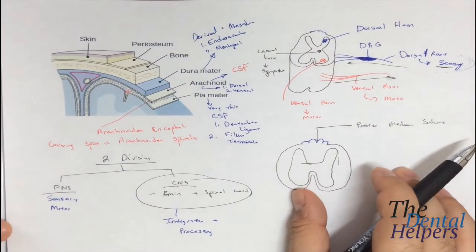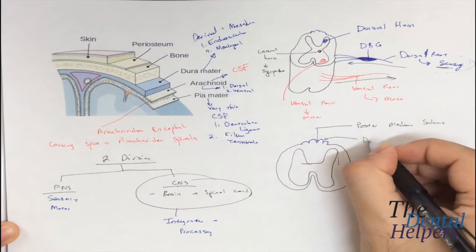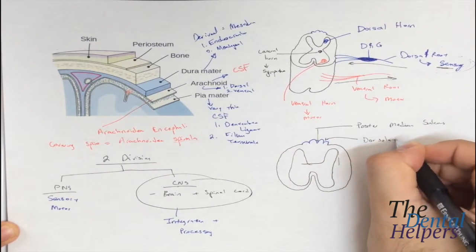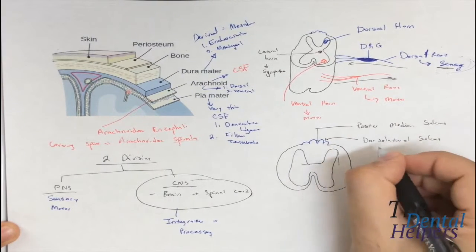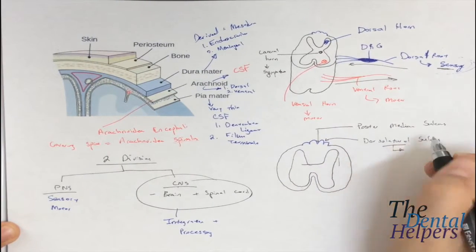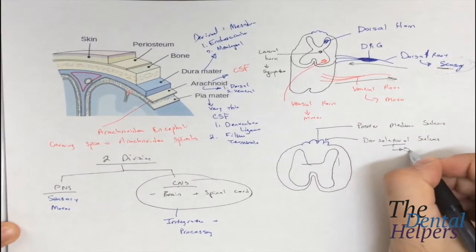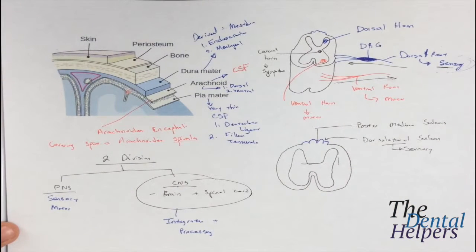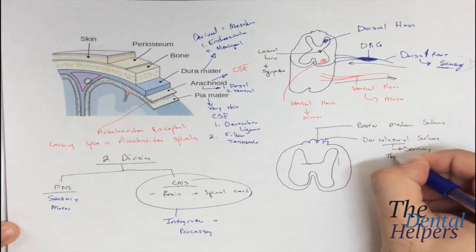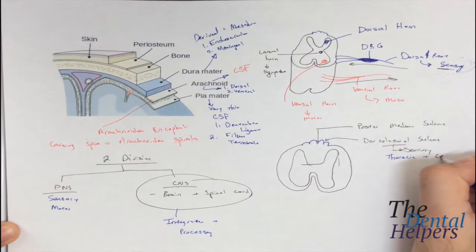Next we have, in this space right here, the dorsolateral sulcus. And as you probably guessed, since it's dorsal, same as up here, it's going to be sensory. This is typically found in the thoracic and the cervical levels.